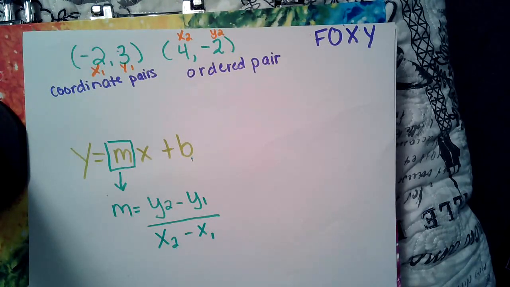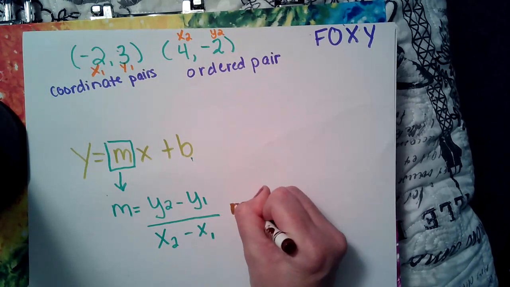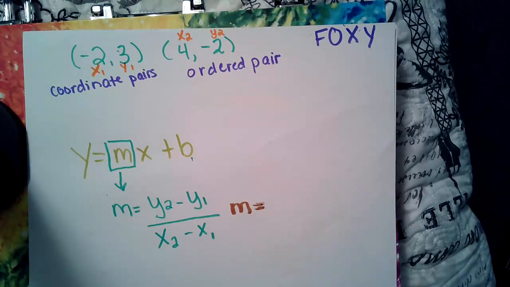I'm going to give you a second to go ahead and plug in your own equation. Right now, you should be taking your -2 and sticking it into the x1 spot, and you should be sticking your 4 into the x2 spot, and so forth. If I skip steps in math, I'm very likely to make a mistake, and that is very scary. So I'm going to start with my y's first.